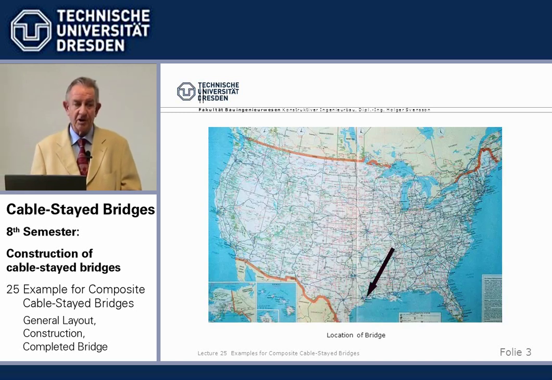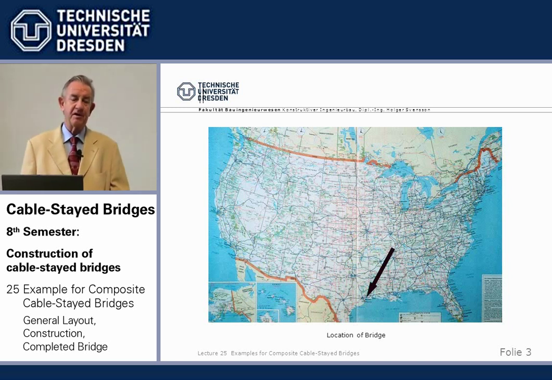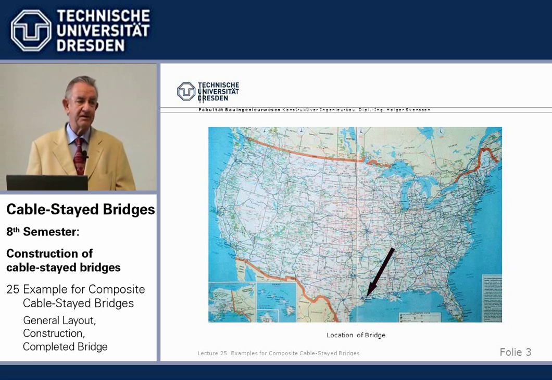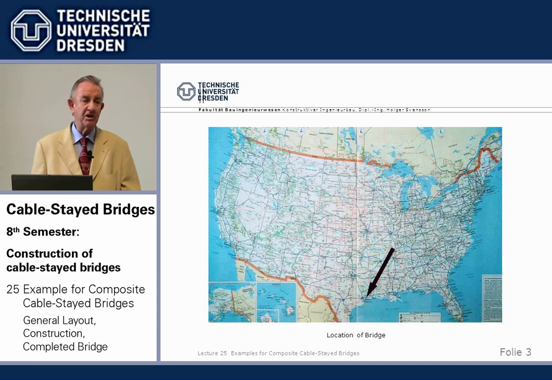Now, we are talking about the bridge across the Houston Ship Channel at the small city of Baytown. We see here on the map, it's in the very south of the United States, and which is significant, it's very close to the Gulf of Mexico.